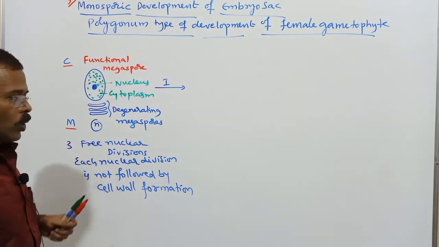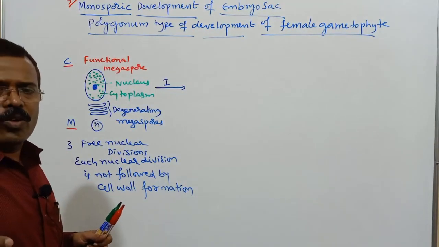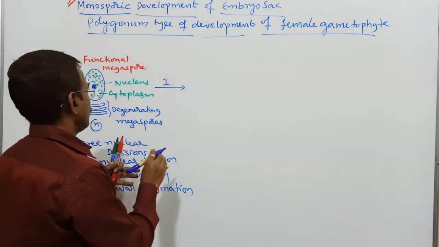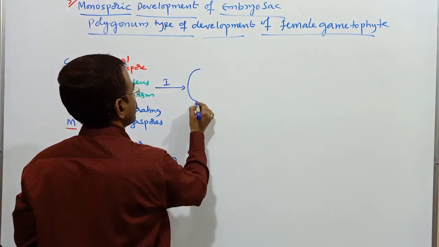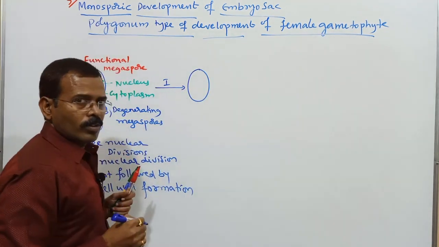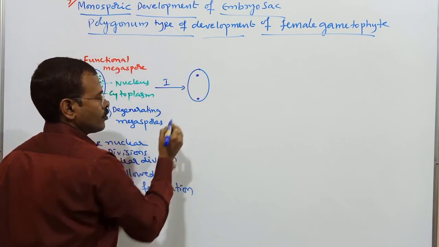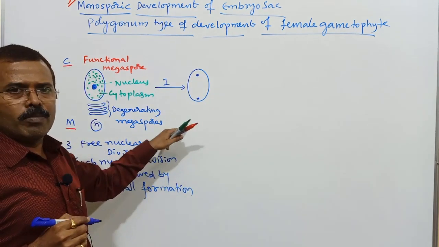First free nuclear division, first mitotic division, which is free nuclear in nature. It results in the 2-nucleated embryo sac.